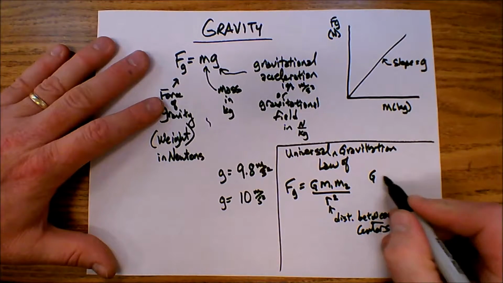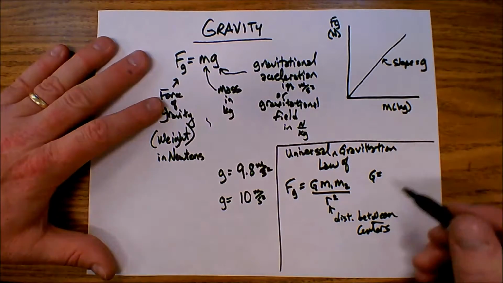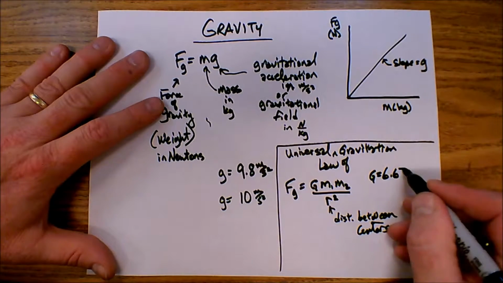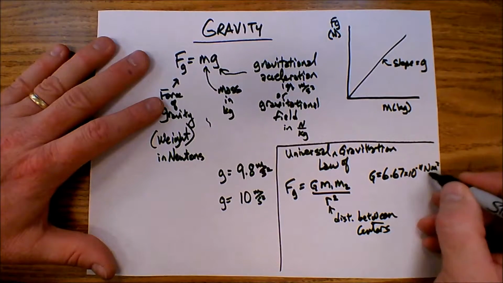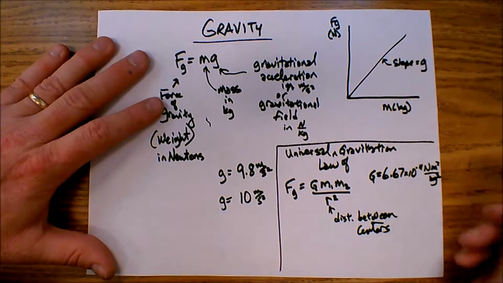And big G is the universal gravitational constant, which is equal to 6.67 times 10 to the minus 11th newton meters squared per kilogram squared.